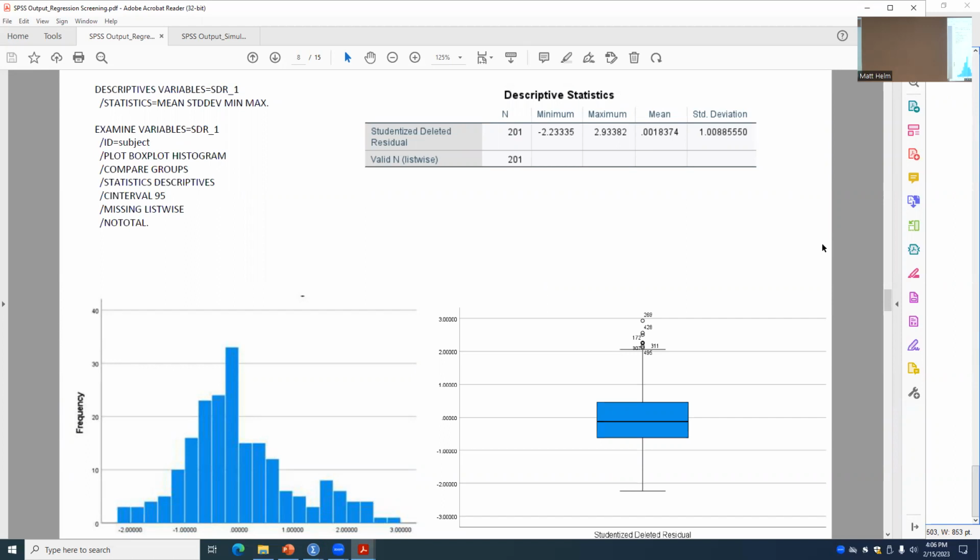Okay, because we're past distributions. We're now looking at discrepancy values: do I have evidence for large studentized deleted residuals? Those cases where my model is just way off base relative to what it should be predicting. Looking at these values, do I have problems with large discrepancies in this case?